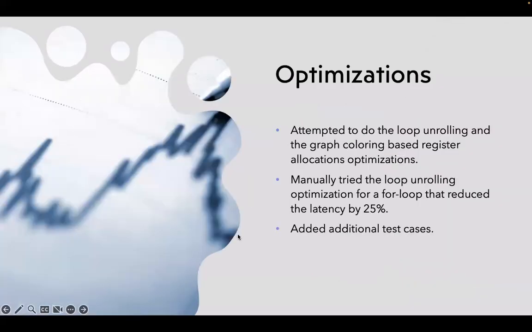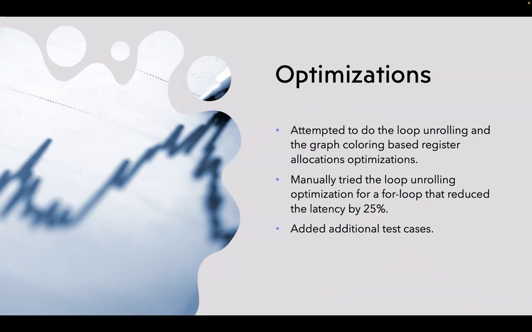So for the optimizations part, I attempted to do the loop unrolling and the graph coloring based register allocation, and I started learning about them, but unfortunately, I didn't have enough time since I had to solve some bugs related to problem set 6. But I manually tried the loop unrolling optimization for a for loop, and it actually reduced the time by 25%.